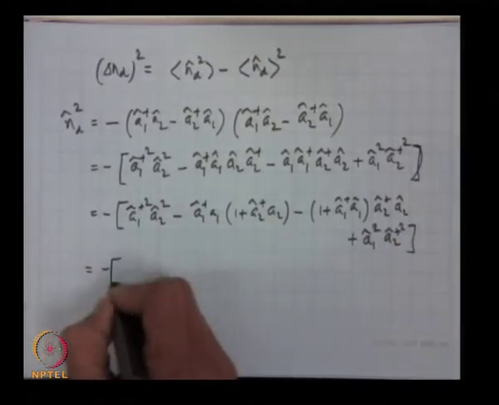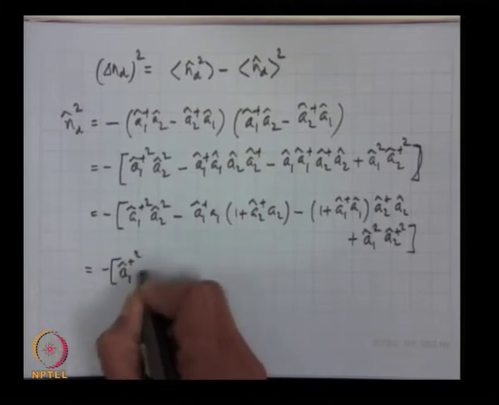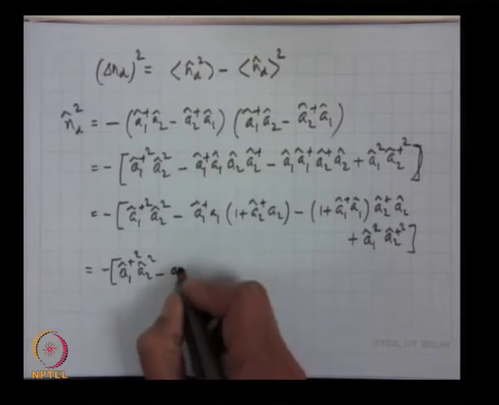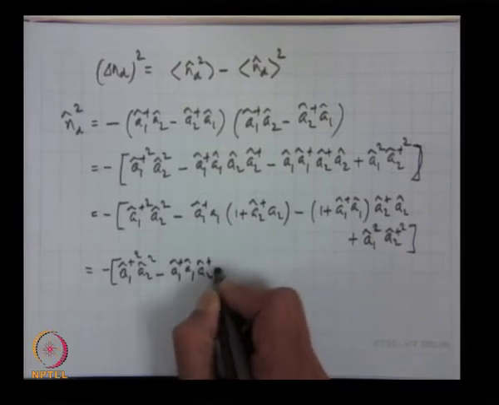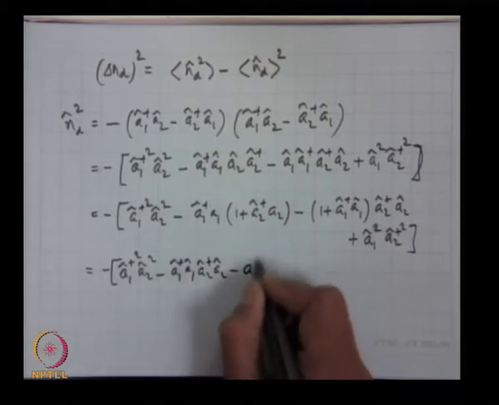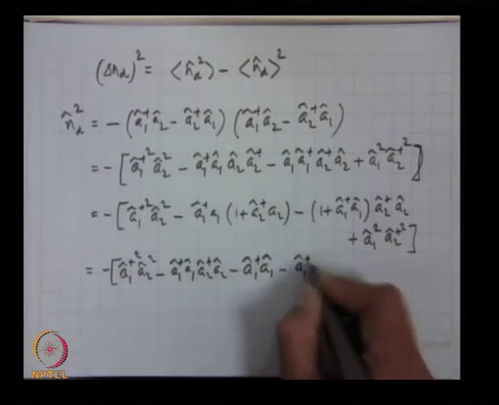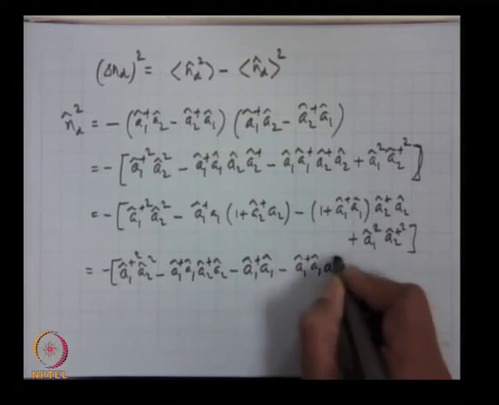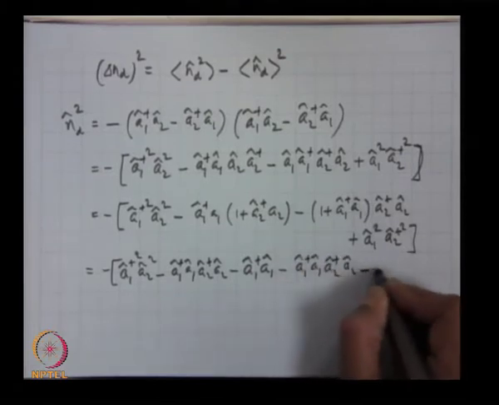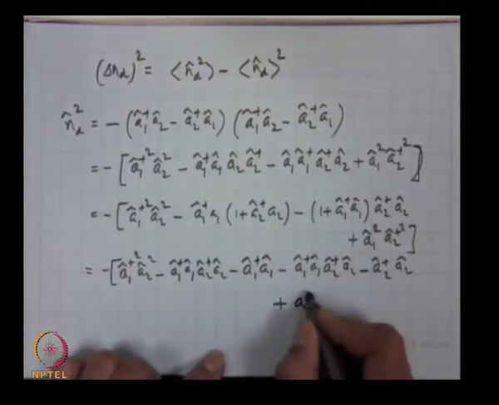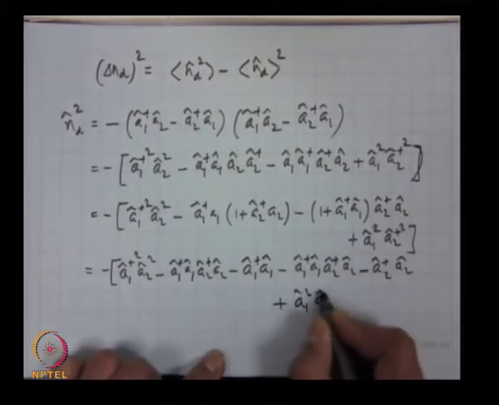This is equal to minus A1 dagger square A2 square minus A1 dagger A1 A2 dagger A2 minus A1 dagger A1 minus A1 dagger A1 A2 dagger A2 minus A2 dagger A2 plus last term, which is A1 square A2 dagger square.